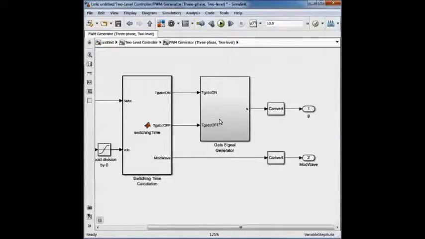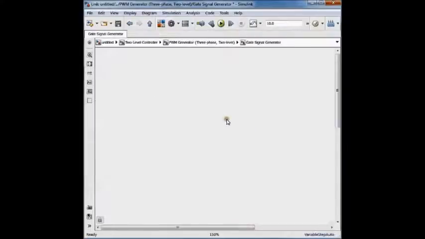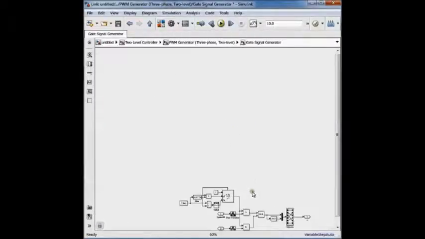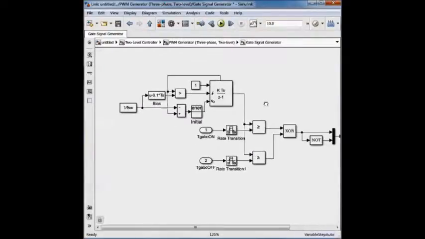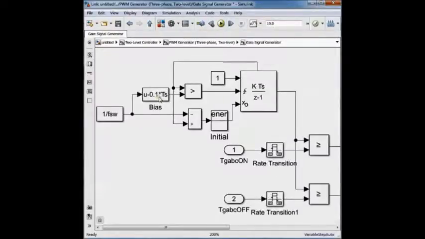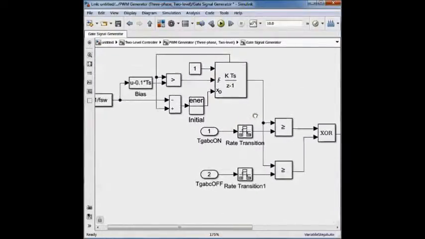While we are looking into the gate signal generator, we can see this is the FSW, the constant which we mentioned earlier, and the bias signals over here. What is actually happening inside is, this is the PWM frequency, and this is a small integrator which will integrate from x0, that is the initial condition, to a particular limit.